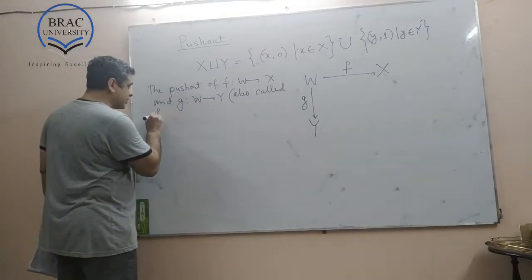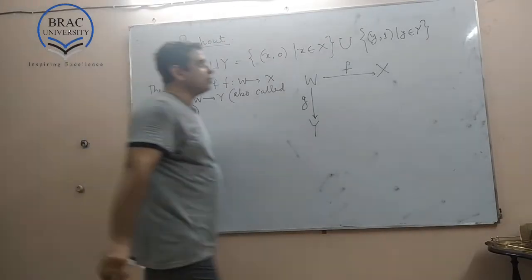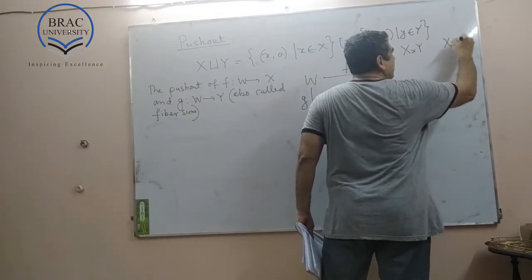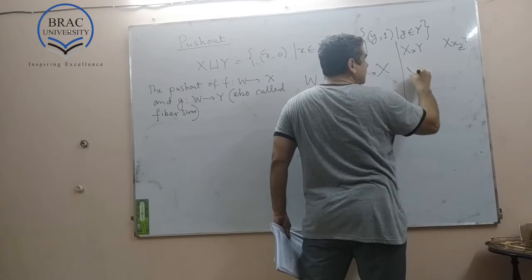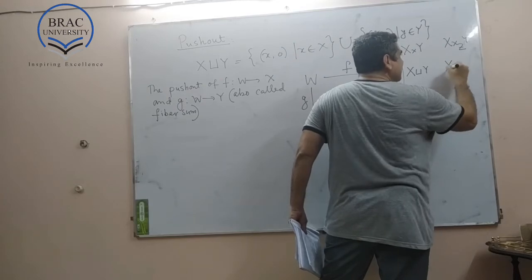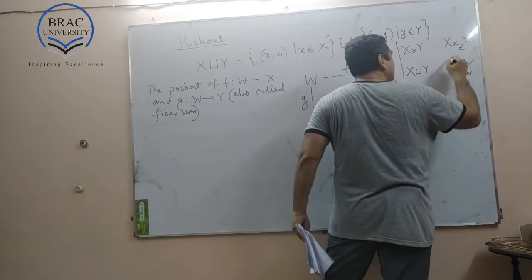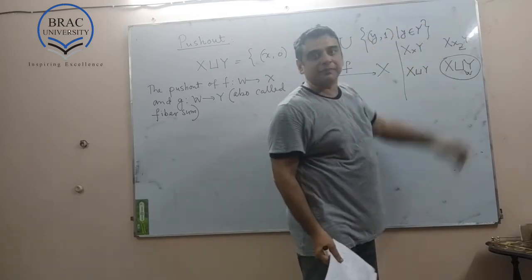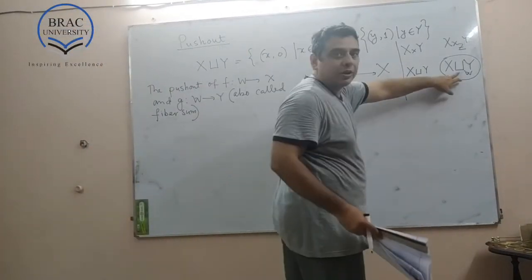So you remember that we had this notion of product for two sets, and we had this notion of fiber product of X and Y over another set Z. Now we are having this notion of coproduct, and we'll have something called the fiber sum. It was fiber product, it will be fiber sum, as the name suggests. So it is yet to be defined. I'm going to define it now.